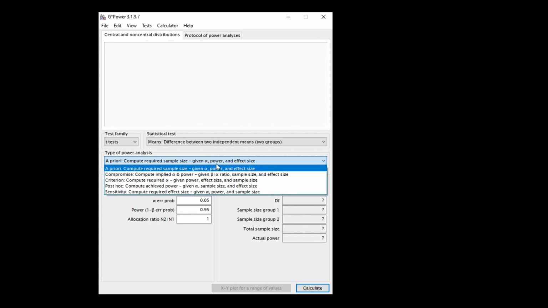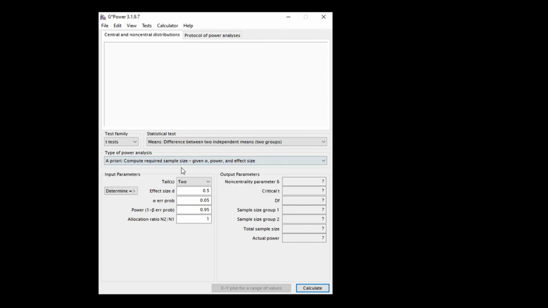So, as I mentioned before, if you recall, these different factors like power, sample size, effect size, etc., are all related to one another. This is basically allowing you to solve for one by specifying all the other things. And so right now I'm going to leave it at compute required sample size, because that's what I want to do in this hypothetical example.